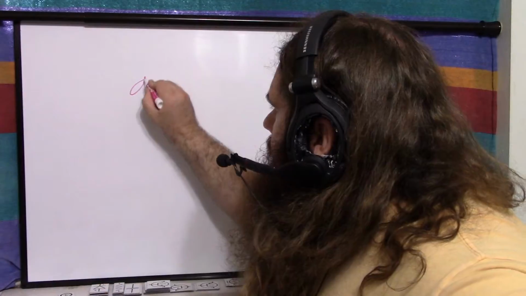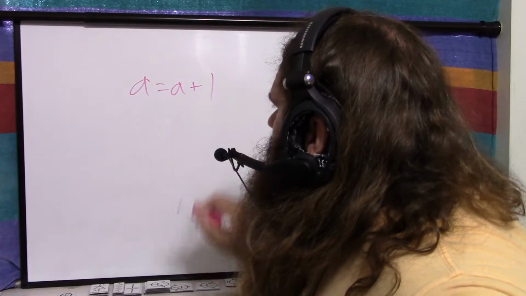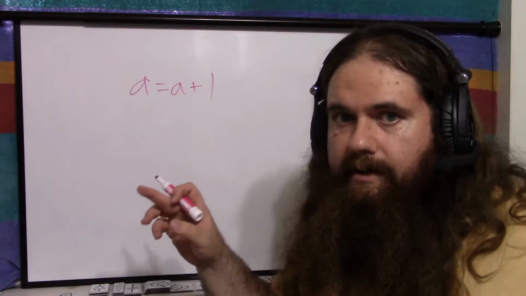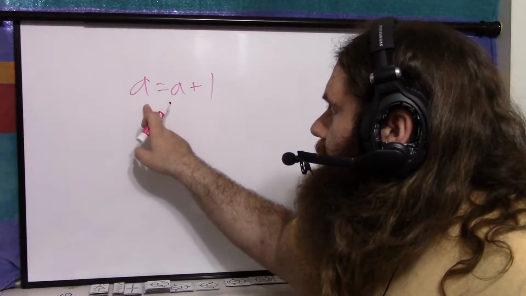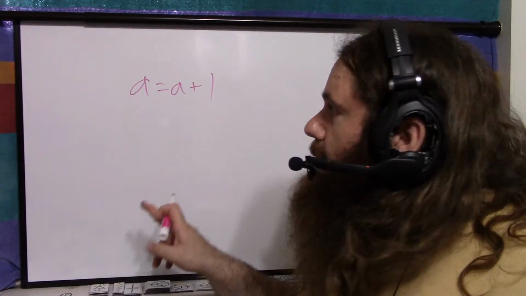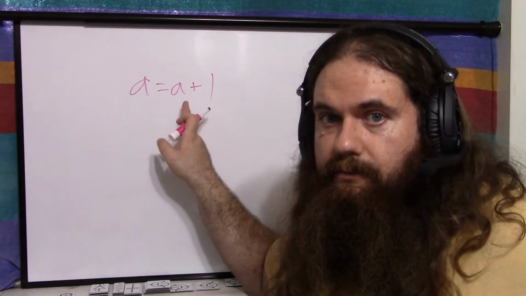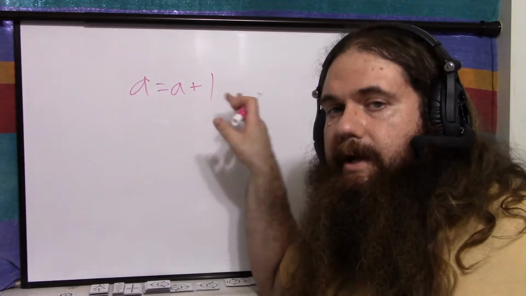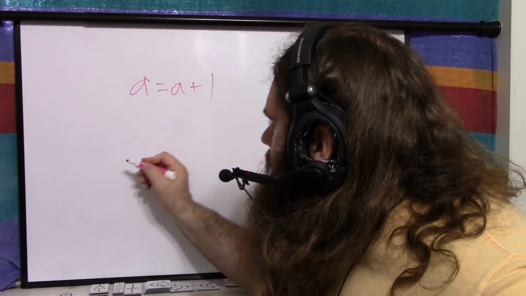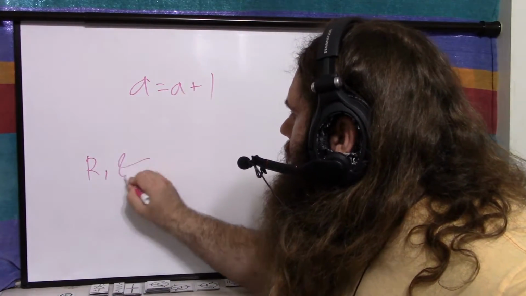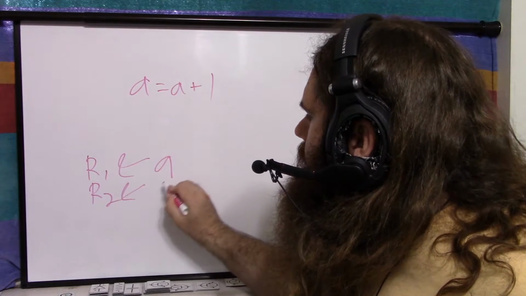Here's an example. A equals A plus 1. What happens if you're doing this? Let's say you are accumulating how many times you've done something. Well, if you've done it 3 times, add 1, 4. But you have to read it first. You have to read A, it's 3, then add 1, then write it back. What if A changed? So register 1, A. Register 2, 1.